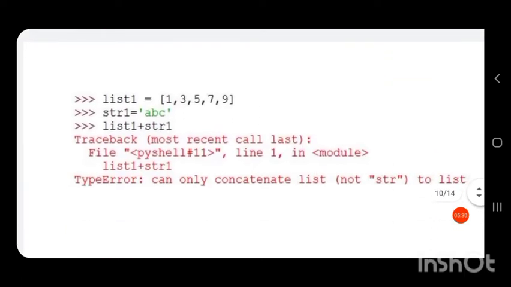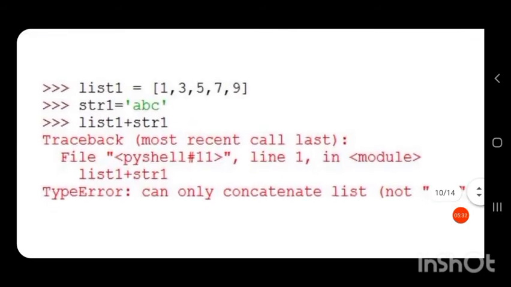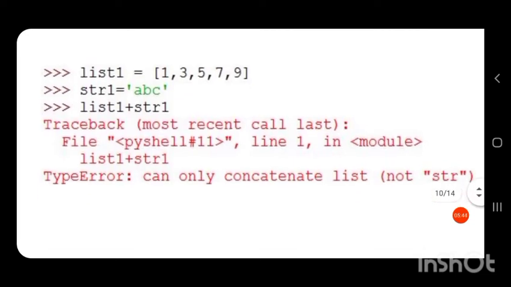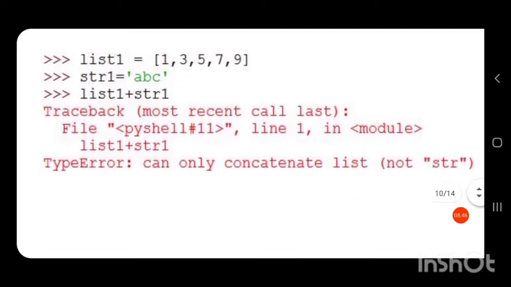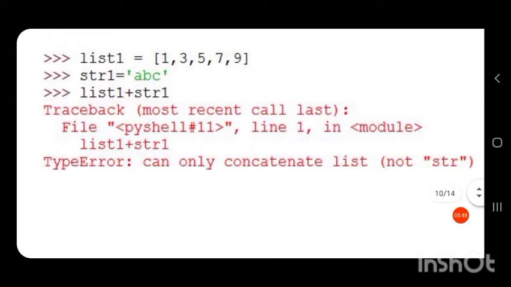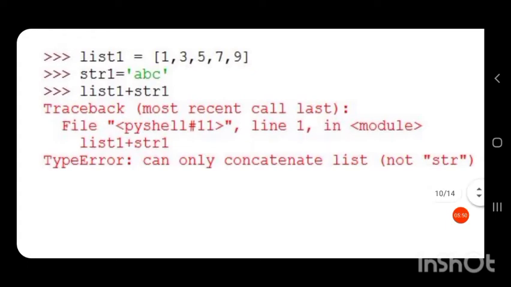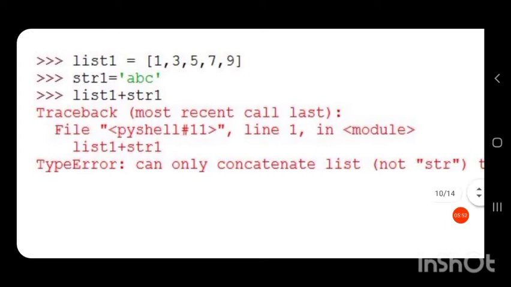Let us see another example. Here you can see list1 is there and a string ABC. What this shows is that we cannot concatenate a list with a string or an integer or anything. We can do concatenation only between two lists.